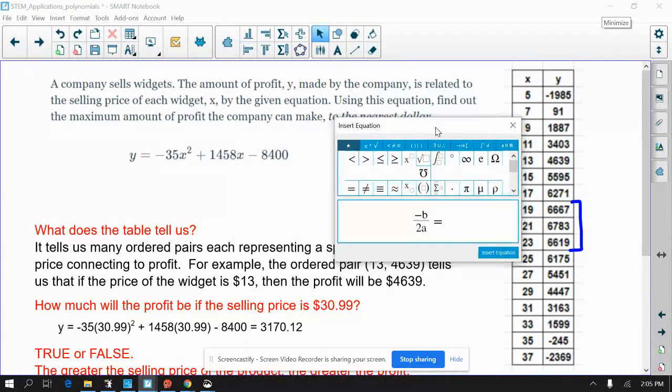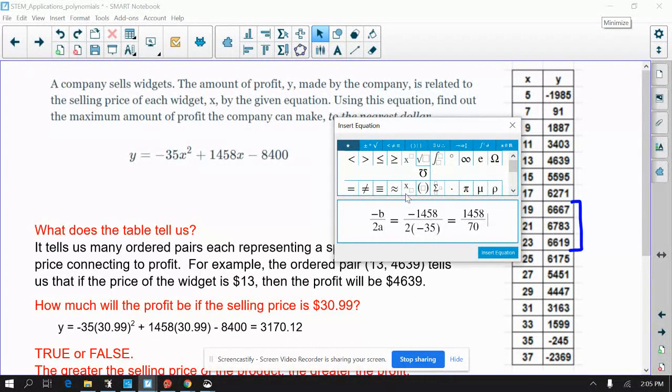And for this equation, b is 1458, so that's negative 1458 divided by 2 times negative 35. And those two negatives cancel out, so it's just 1458 divided by 70.